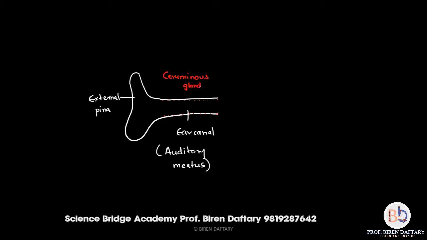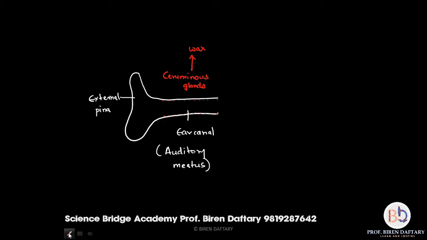What are ceruminous glands? These are the glands that secrete wax. Wax is a sticky thick fluid which helps in moisturizing the ear canal, and also prevents the growth of any harmful microbes. So this wax is secreted by the ceruminous glands which are present in the ear canal.